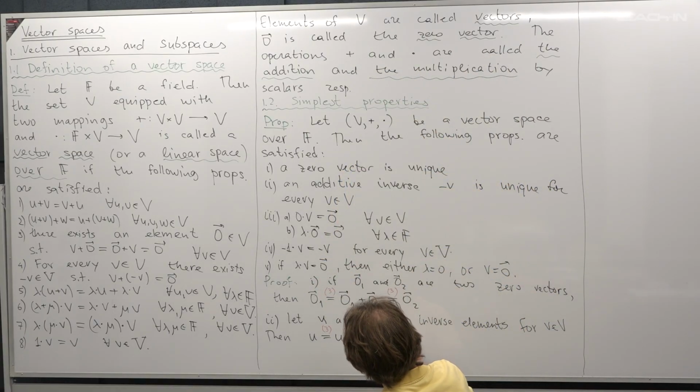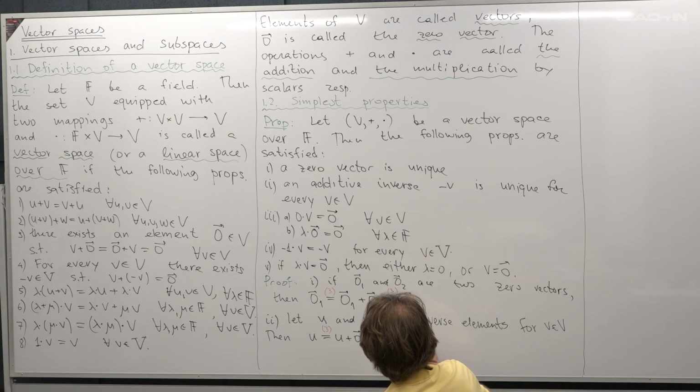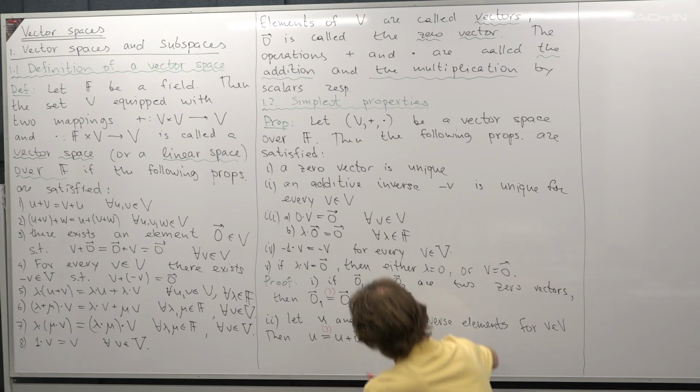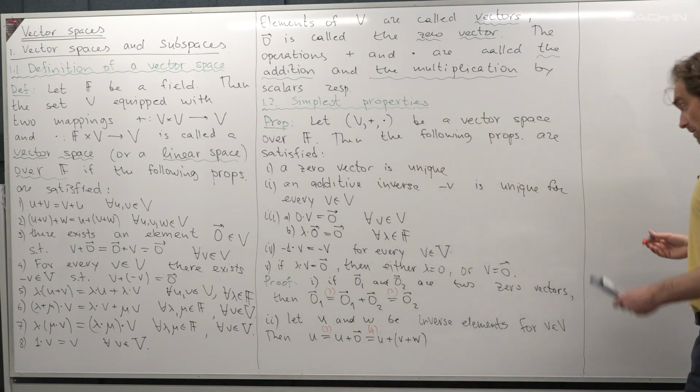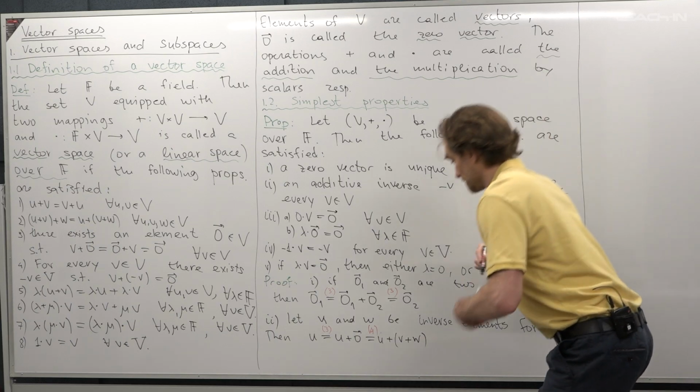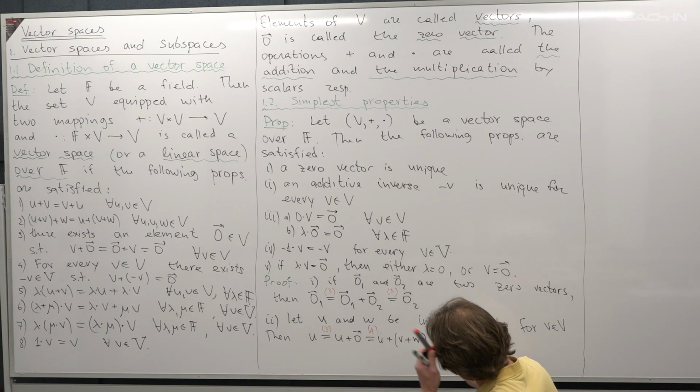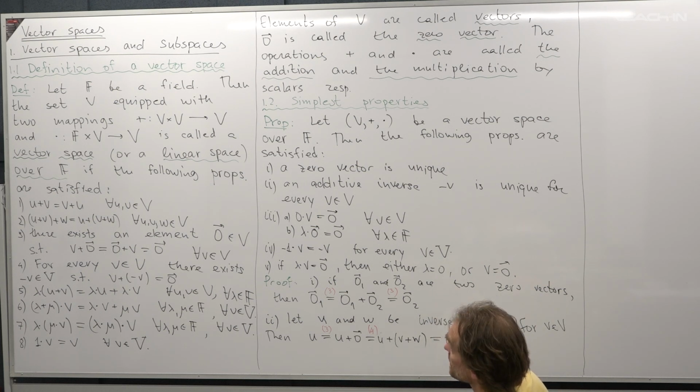So U plus V plus W. This follows from property number 4, because these elements are assumed to be inverse to each other. And then we can use the associativity property, so I can rewrite it as U plus V plus W. So this is property number 2.